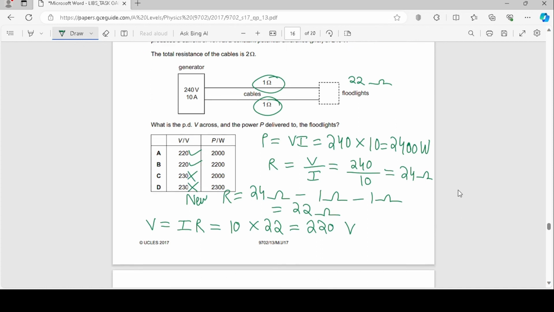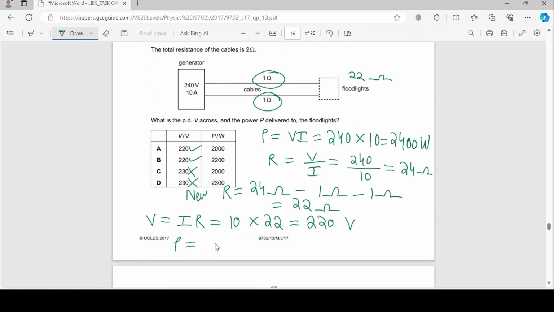As for the power, P equals V squared over R, which is 220 squared over 22, which is 2200. Alternatively, you could use power equals I squared R, where you would write 10 squared into 22, which is also 2200.